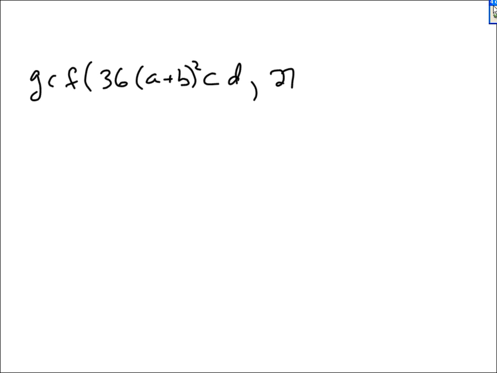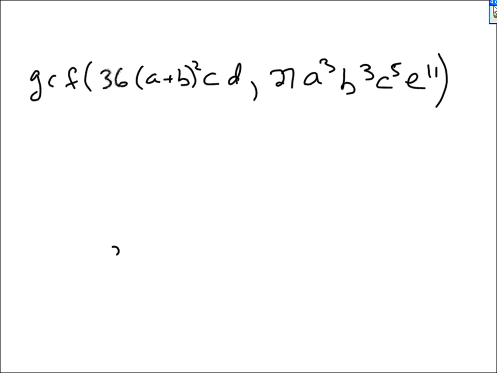How about this problem? Find the GCF of 36 times a plus b squared times c times d and 27 times a cubed times b cubed times c to the 5th times e to the 11th.